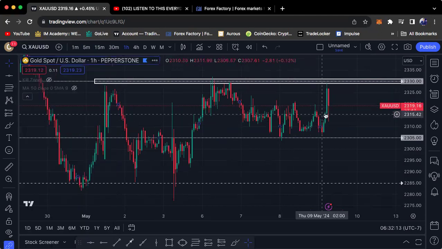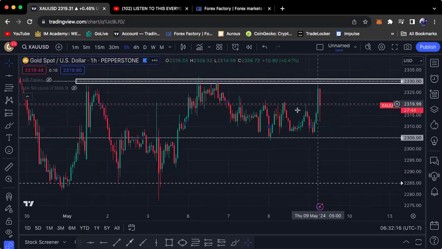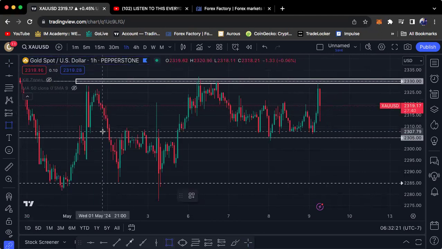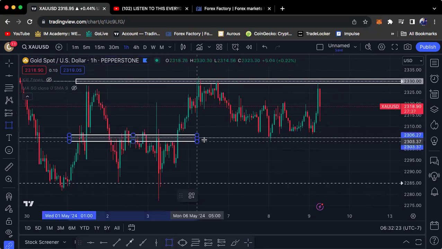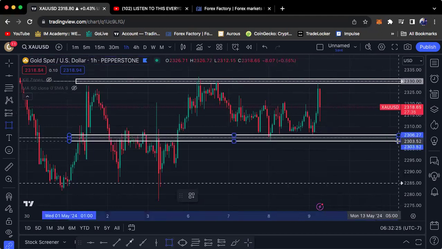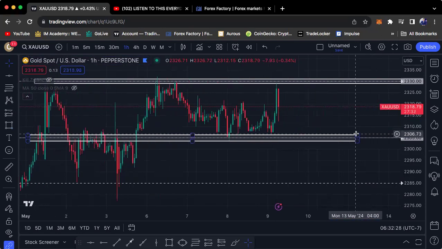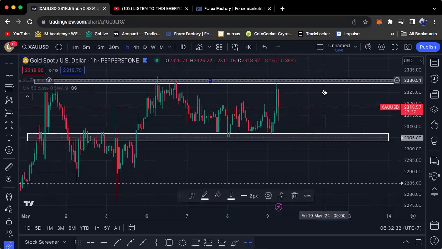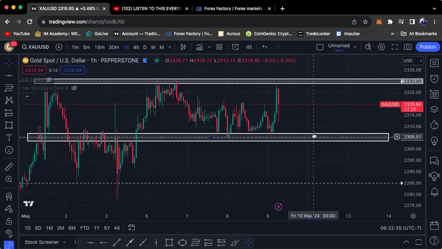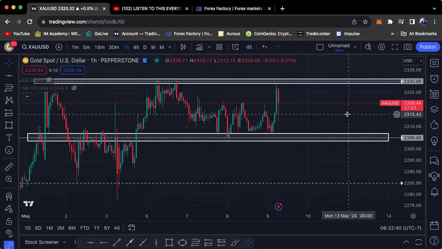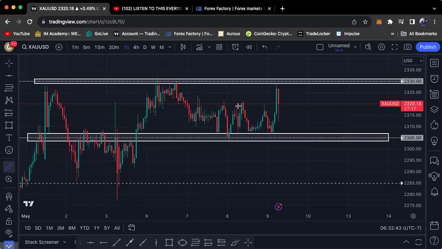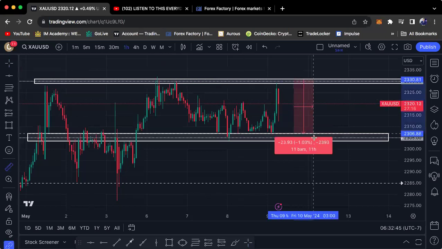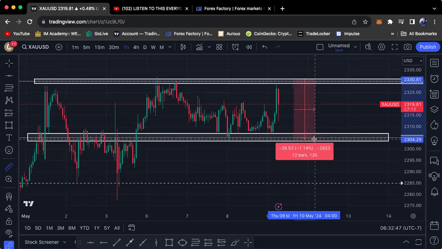For my hourly zones, I like to keep it at least 100 pips away from each other, right? My hourly zones. That's a total of 250 pips. Yeah, 250.